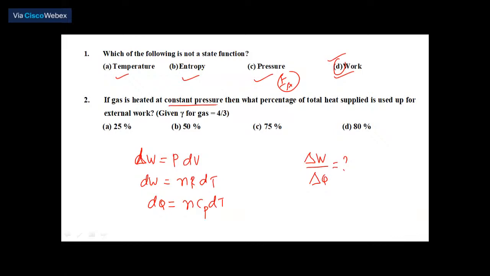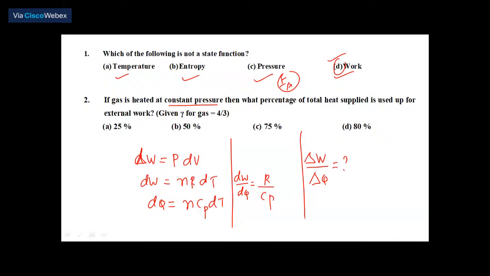Cp into dT. Now let us find the ratio dW divided by dQ or delta W divided by delta Q is equal to numerator nR dT, denominator N into Cp into dT. N and dT get cancelled, therefore we have R divided by Cp. dW divided by dQ is equal to R divided by Cp.